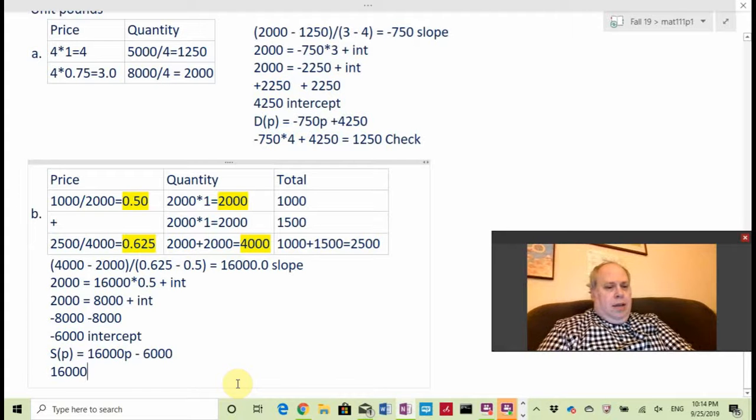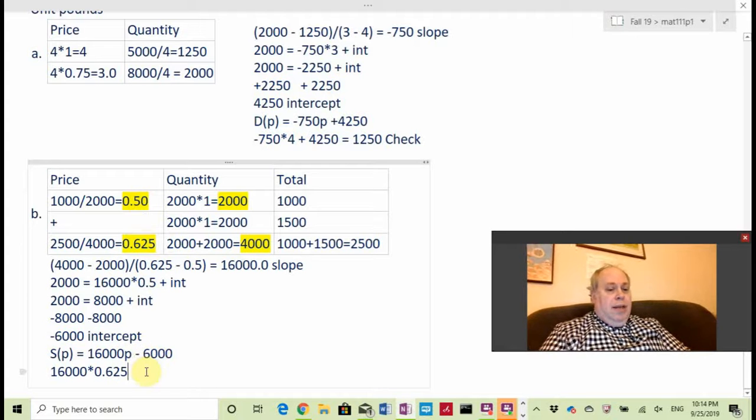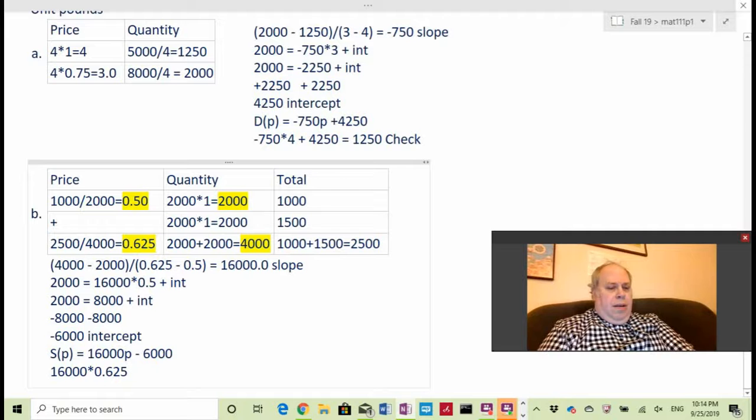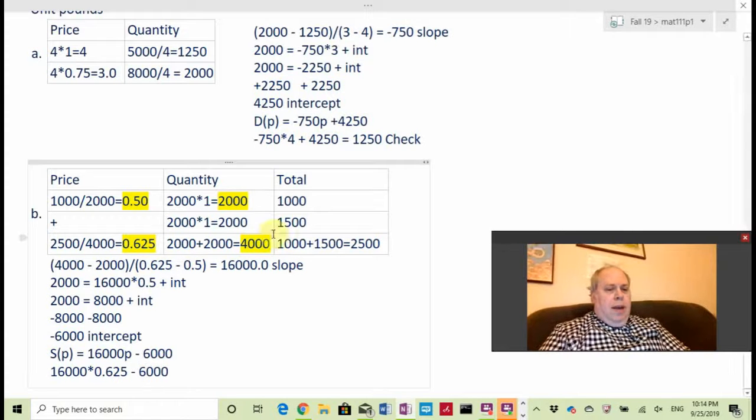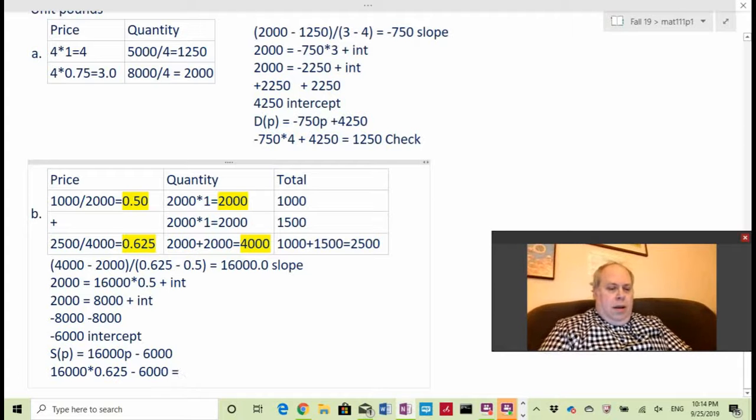We'll take 16,000 times the other price, 0.625. We used 0.5 to get this, now we're going to use 0.625, minus 6,000. And we better get 4,000 from this, or we're wrong. And let's see what we get.